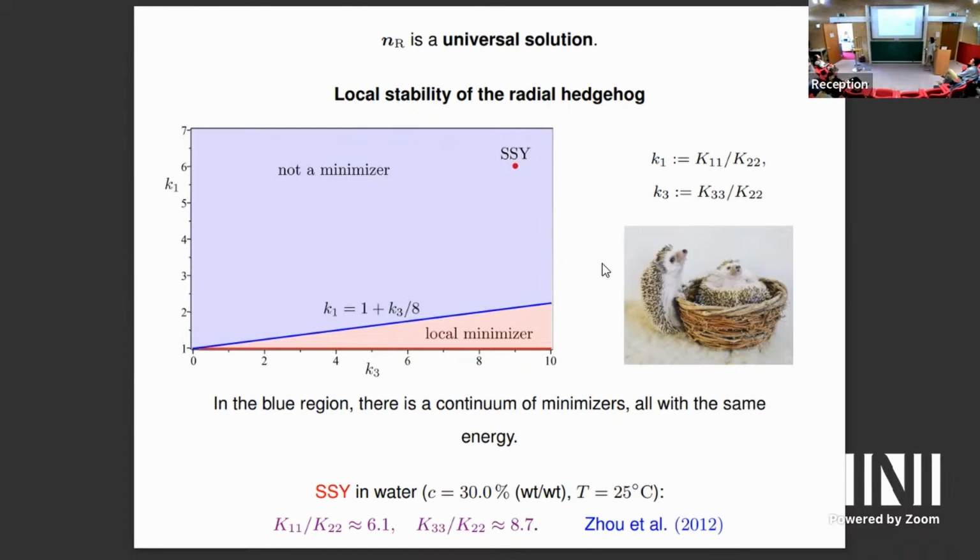The ratio K11 over K22 is 6.1 and K33 over K22 is 8.7. And these red dots mark the data for the SSY solution, and we see that they fall in the region of instability of the radial hedgehog.